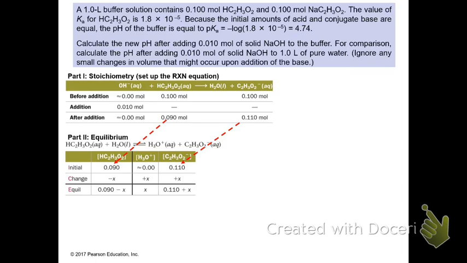Okay, so from here you can generate the Ka expression so that we can find the value of x. So here we have Ka equals 1.8 times 10 to the negative 5.